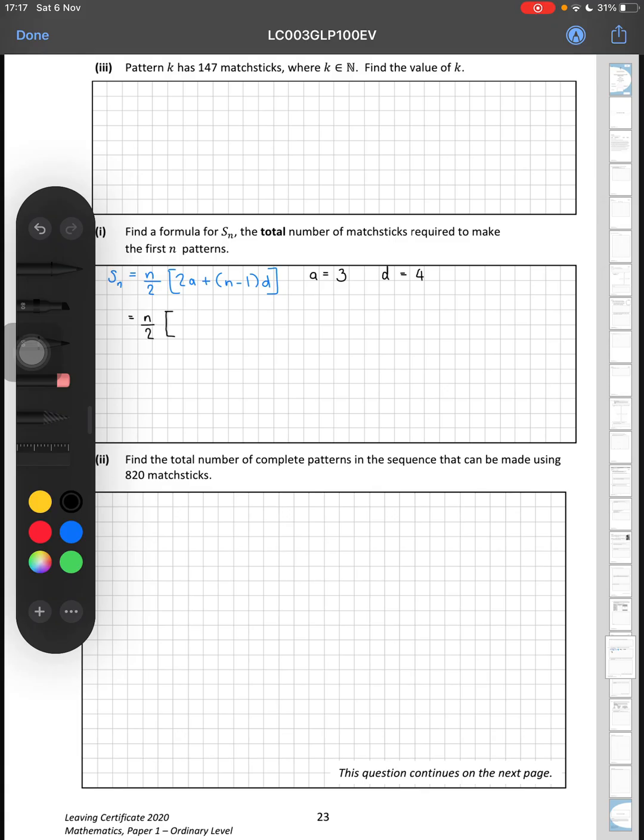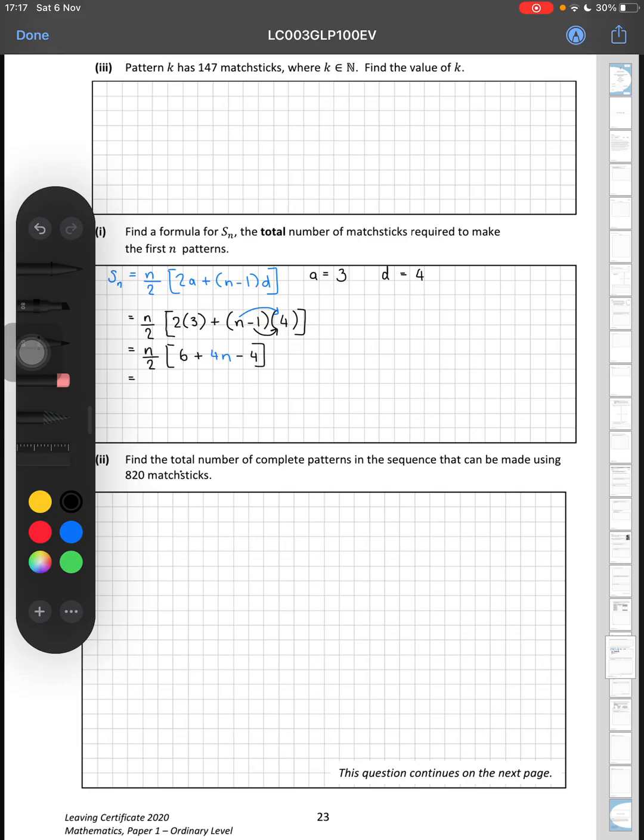So we know A is the number of matchsticks for our first pattern, so it was 3, and D is the difference, so every time it added on 4. So we're just going to fill that in. So I'm going to have n over 2 times 2 times 3 plus n minus 1 times d, which is 4.